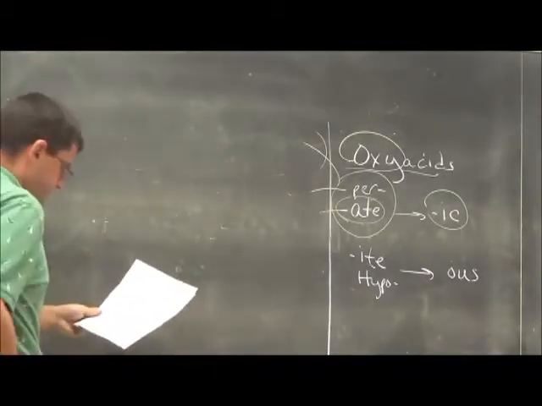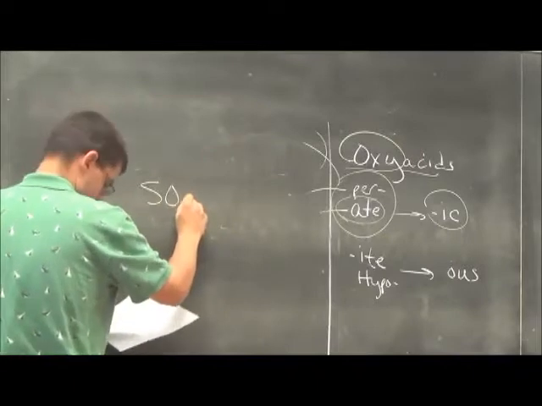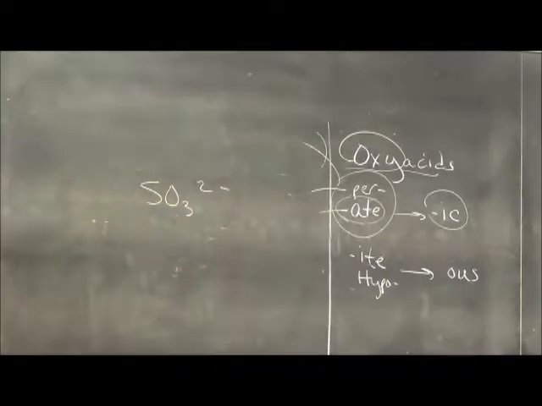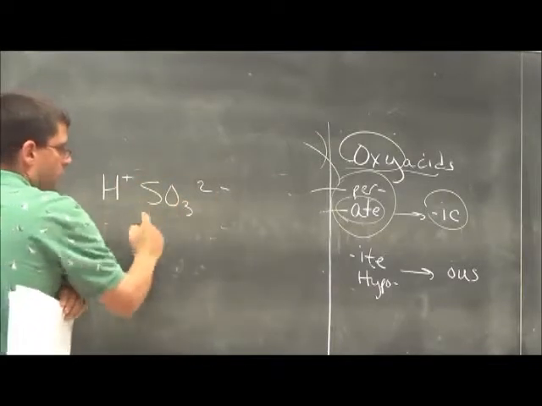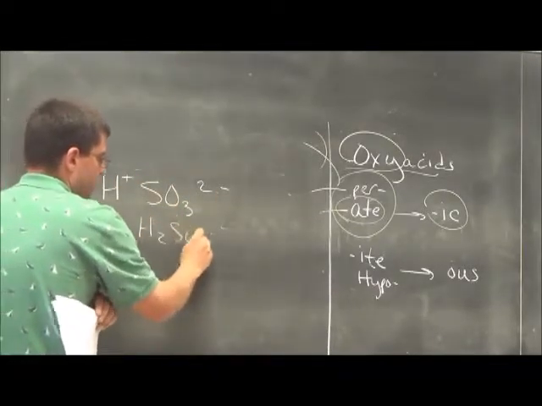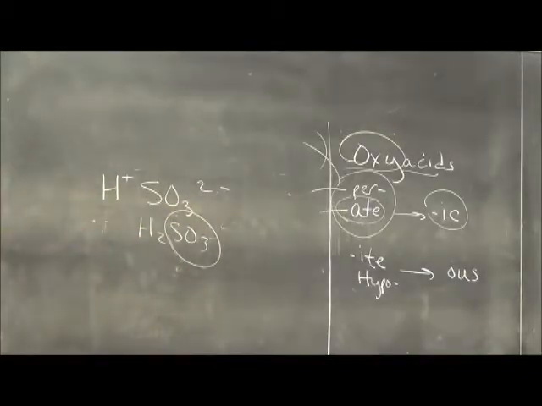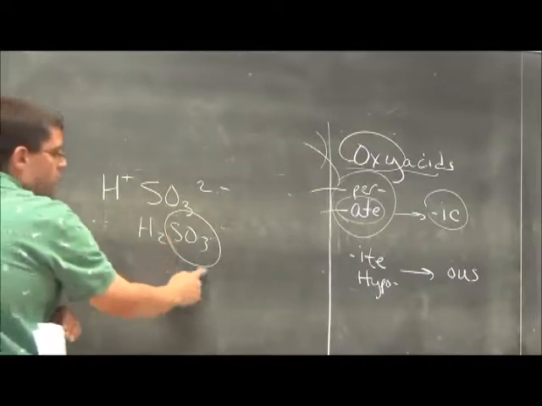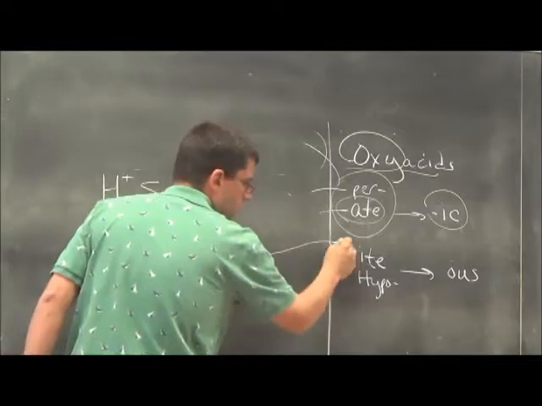Let's go one less. So instead of sulfate, let's work with sulfite. Okay? Add hydrogen to make it an acid. You've got H2SO3. Focus on this. It's an acid because it's got hydrogen. Okay, and again, we'll talk about hydrogen in chapter 4 of acids. This is one less. This is sulfite. It's an ITE ending.